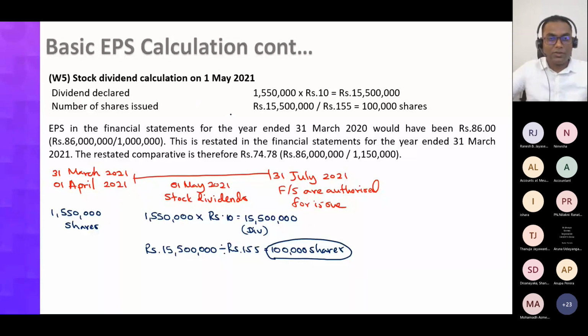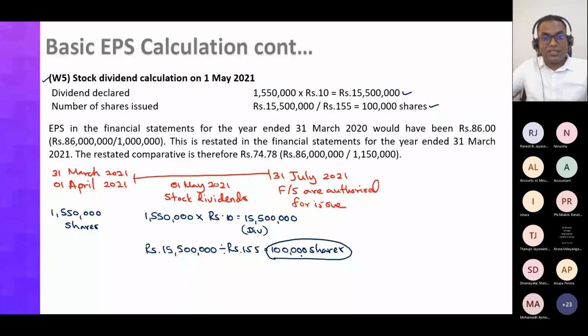This 100,000 is shown over here as well: stock dividends on 1st May 2021. We have 1,550,000 shares at 10 rupees per share, so the total dividend value is 15,500,000. Divided by 155 rupees per share, 100,000 shares are issued.